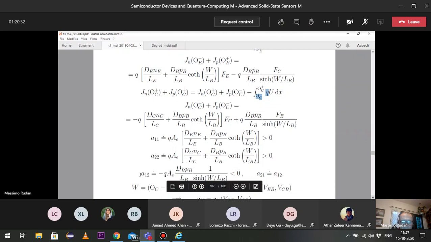So A12 is the easy one, because if W is much larger than L_B, then the hyperbolic sine grows exponentially, and it is in the denominator. So when W is much larger than L_B, the coefficients A12 and also A21 disappear.